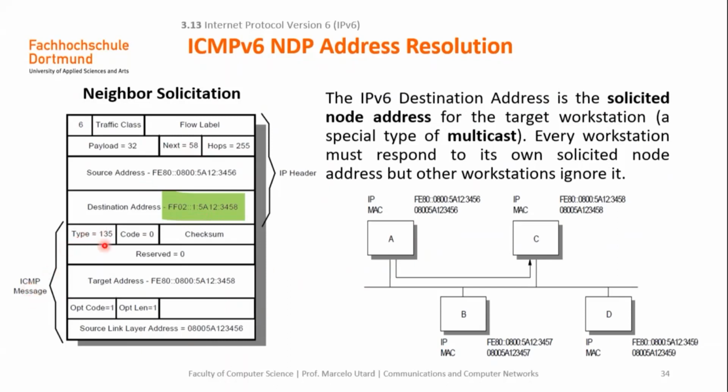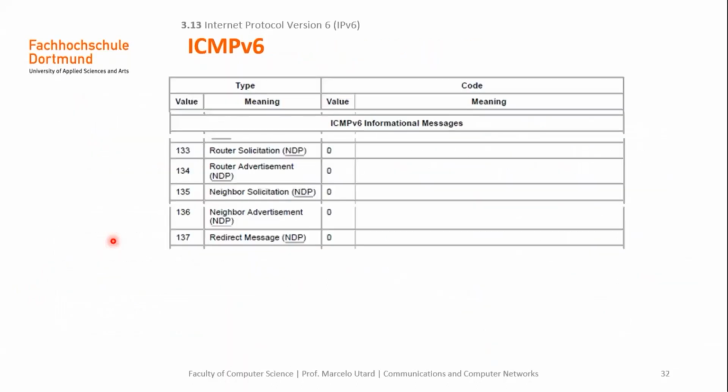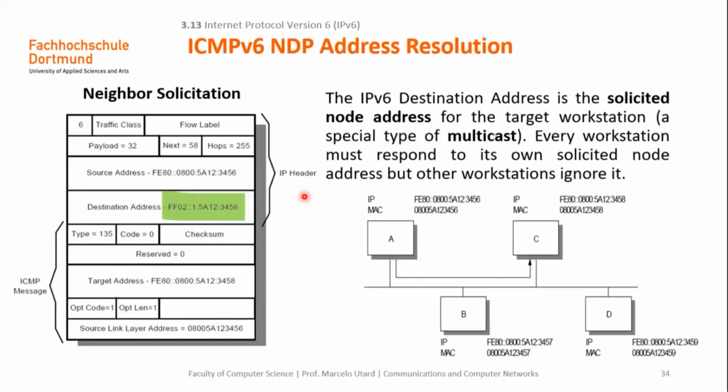And this ICMP message is type 135. Remember, 135 is the neighbor solicitation of NDP.